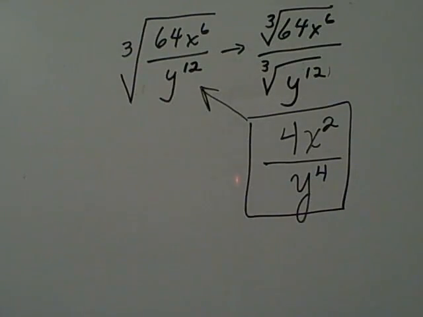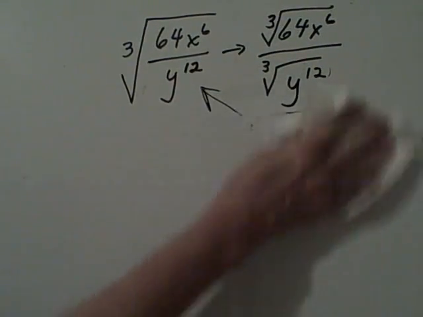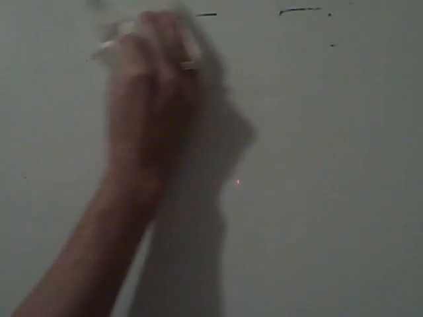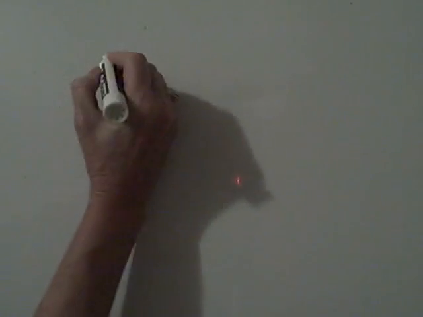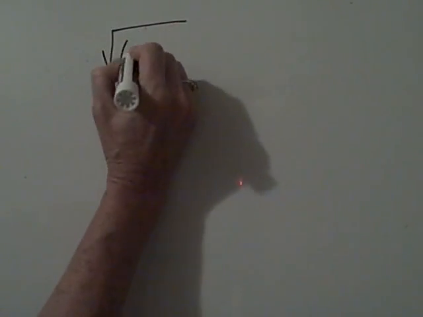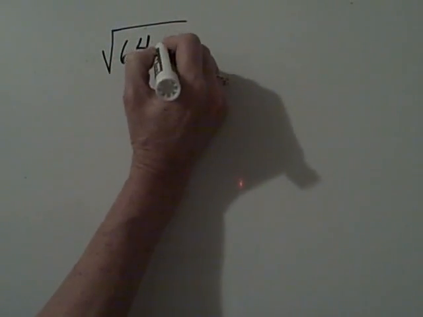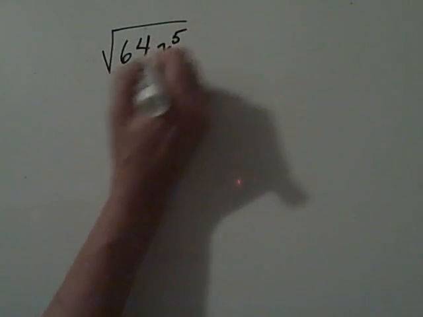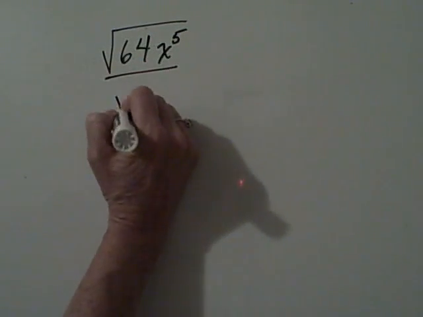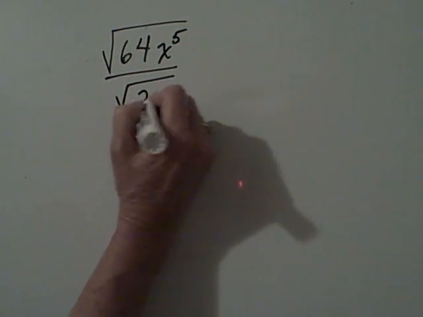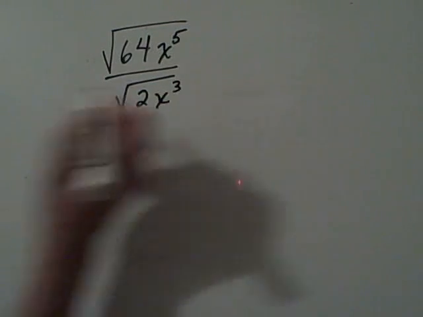Now let's look at one that might be a little bit more complicated. This time we're going to start with 2 square root of 64x to the 5th over the square root of 2x to the 3rd.